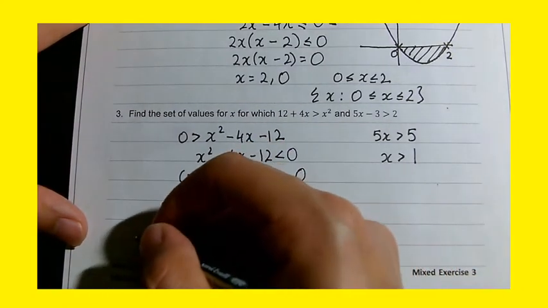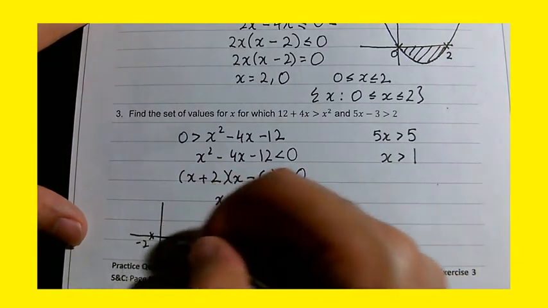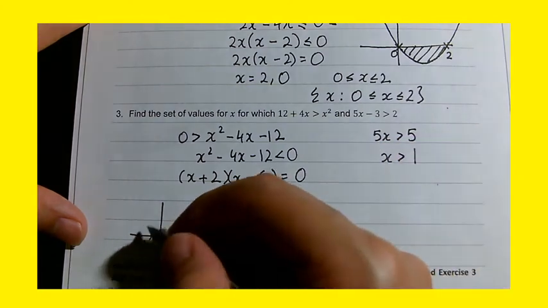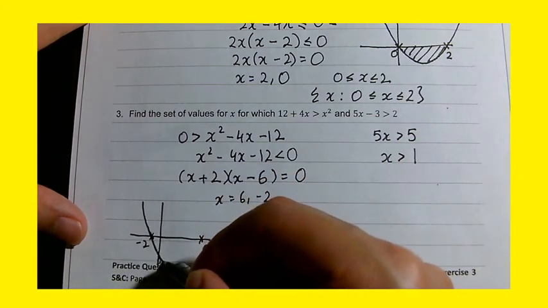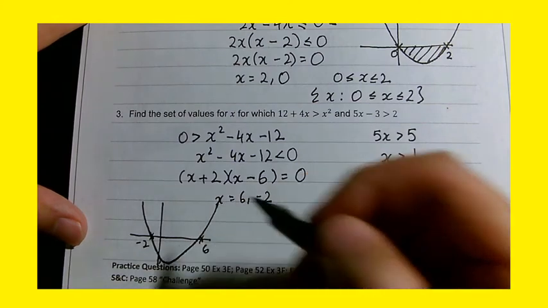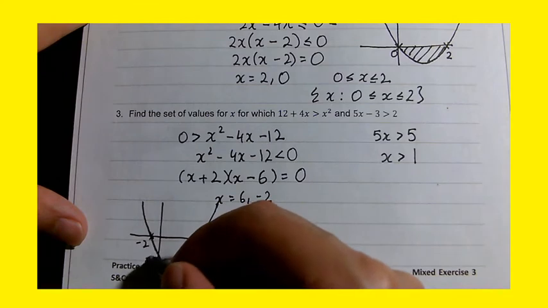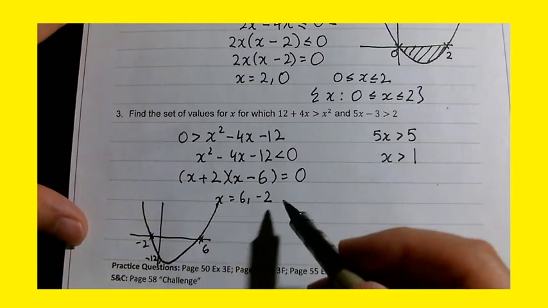So if I do a quick sketch, I've got minus 2, I've got 6, and it cuts at minus 12. The y-intercept's not too important when it comes to the inequalities, but still.